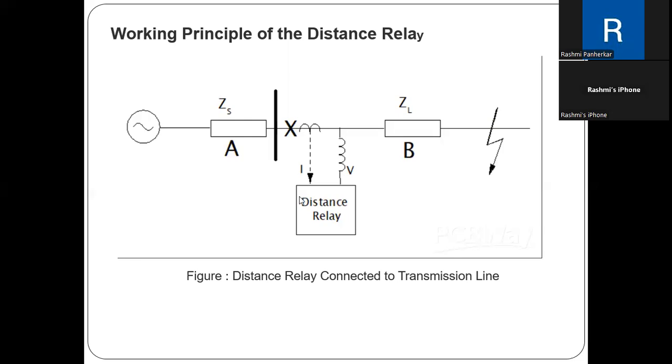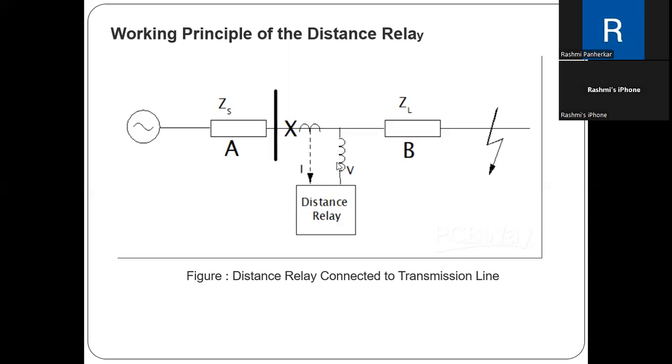So what is the meaning of this? When we connect the distance relay between A and B, and a fault occurs on the transmission line, the current magnitude goes higher than the voltage.